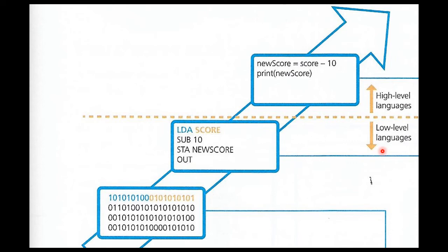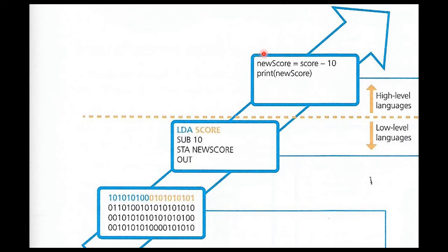It's the lowest of the low level languages, which means it's machine code. The next one up has the mnemonics that we talked about, which represent different instructions, and this is our assembly language. And then the high level language at the top uses the English keywords.